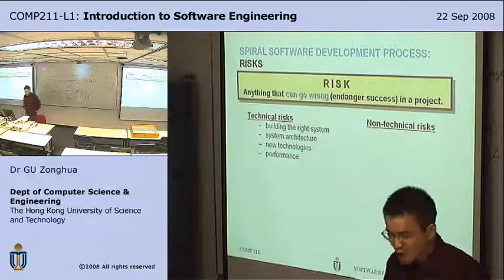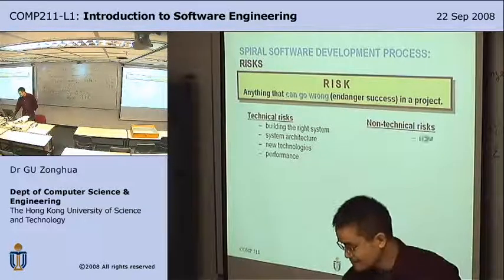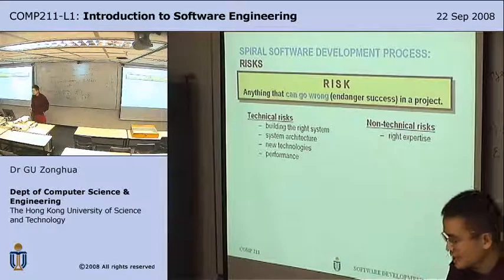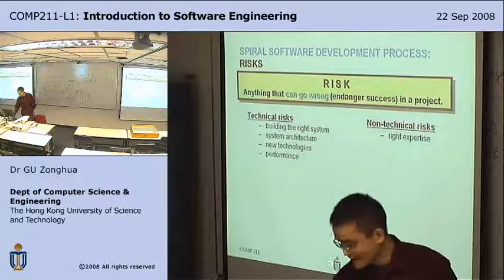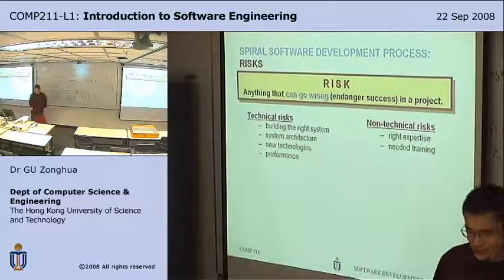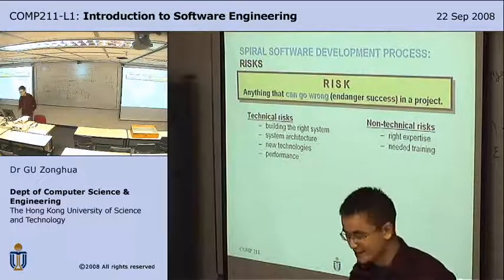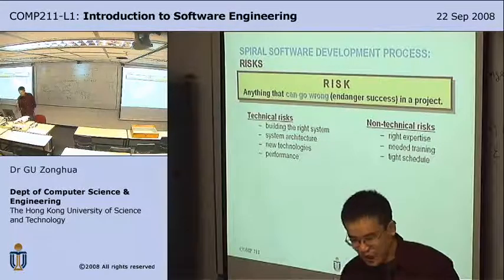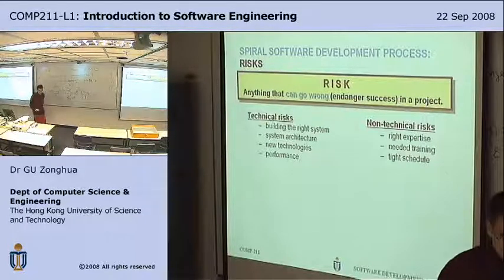And there are non-technical risks. That is, do the people have the right expertise? Are they competent developers? Do they need training? If they do, you need to take into account the training costs and time. And tight schedule. Is there room for mistakes?